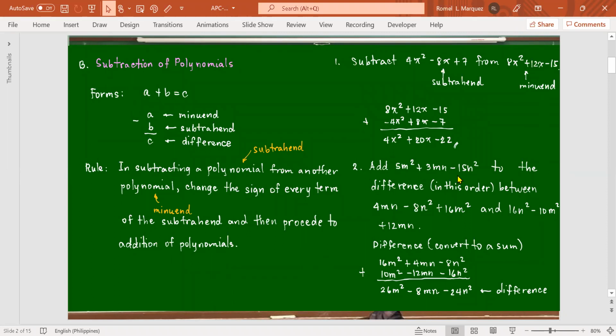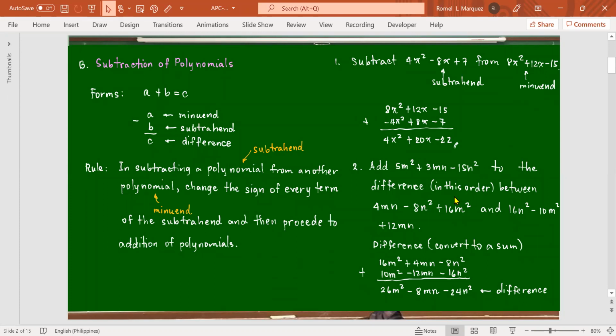The sum and difference. 5m squared plus 3mn minus 15n squared, the difference between. What is the difference? The minuend, the first, because in this order. This minus, in this order. Okay sir, thank you po. Am I wrong? No, the first. Nalito lang po ako, kasi akala ko lagi, pag sinabi difference between 5 and 8, you always start with 5 then minus 8.